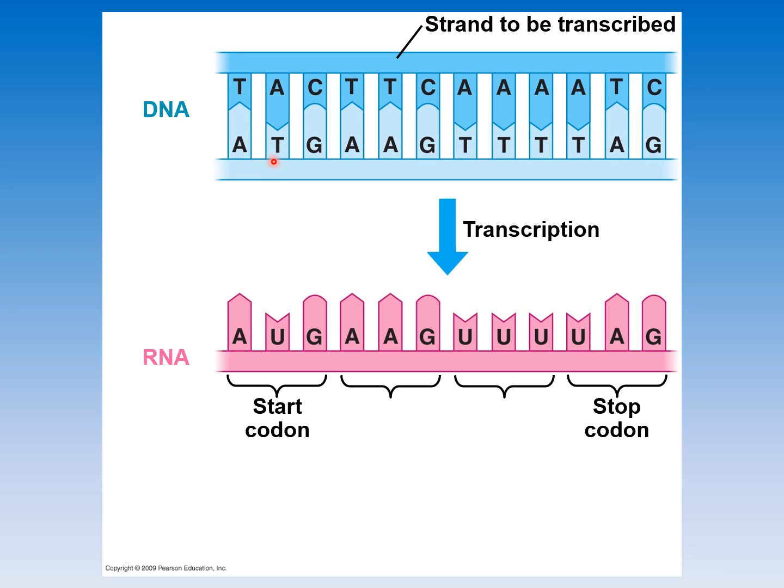T is found only in DNA. So the complementary base becomes U for uracil. Uracil is only found in RNA. You have a C here, so you're going to put a G. T, A, T, A, and all the way down until you reach an area that says stop, this is all we need to read.